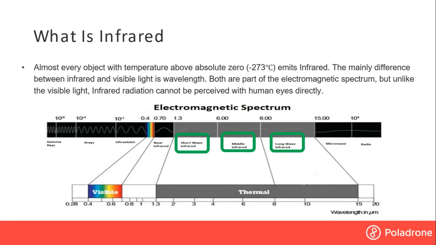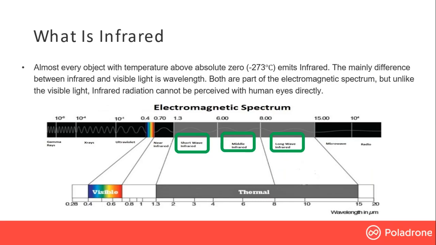According to the picture below, we can see that visible light and thermal imaging have different wavelengths. Both visible light and infrared are under the electromagnetic spectrum, but unlike visible light, infrared radiation cannot be perceived directly by the human eye, which means we can't see infrared or thermal with our eyes. However, visible light can be seen by our eyes.